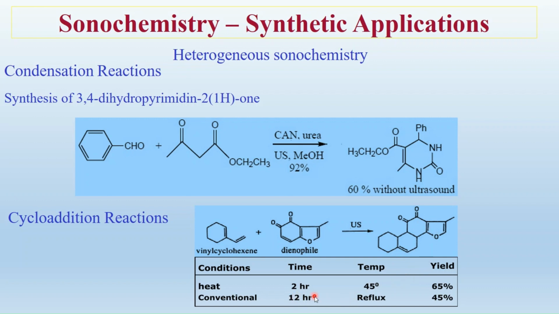Under conventional method, it took 12 hours of refluxing and the yield achieved was 45%, whereas the same reaction was completed within 2 hours at 45 degrees centigrade with 65% yield, with 20% improvement in the yield in less than 2 hours, and not at refluxing temperature.